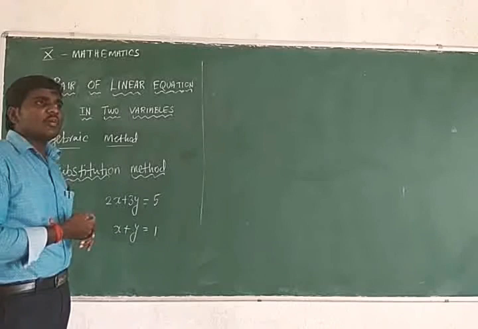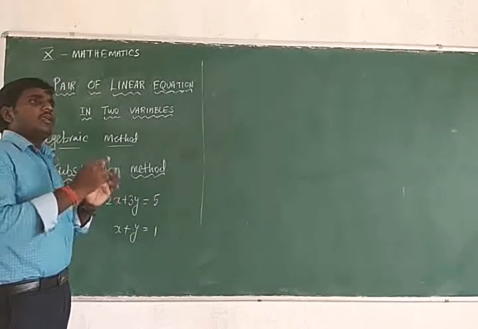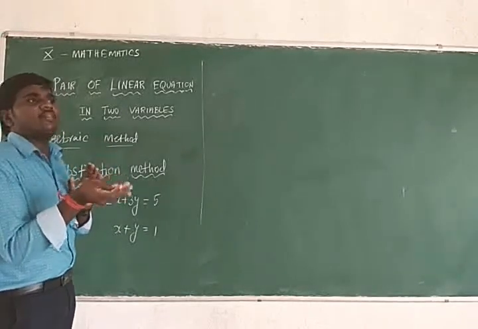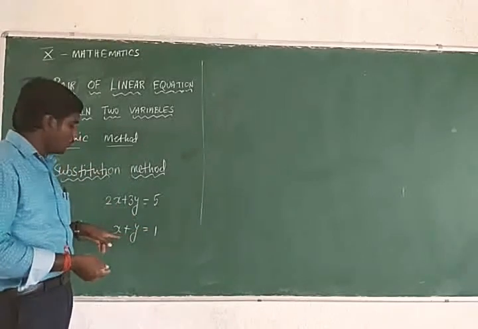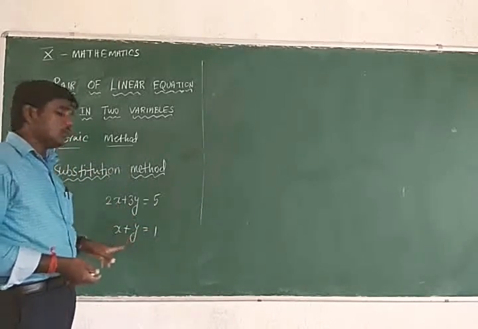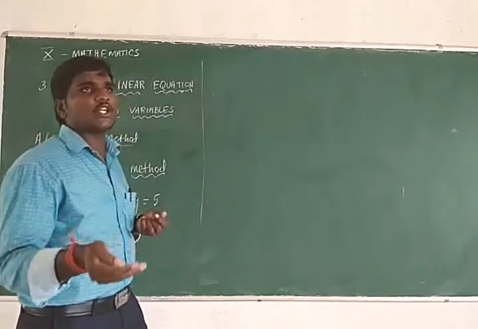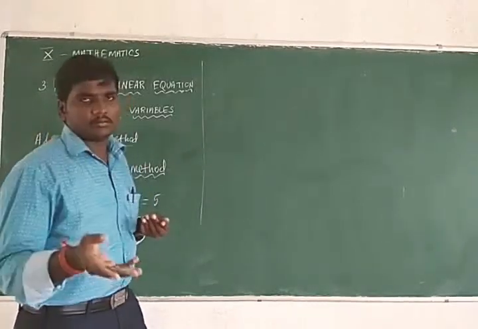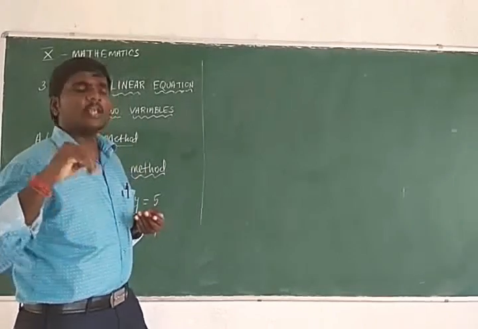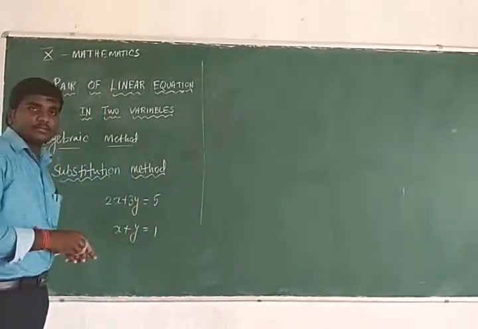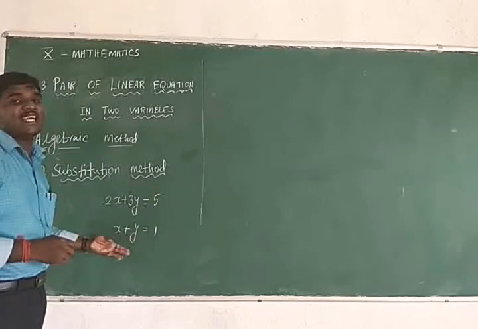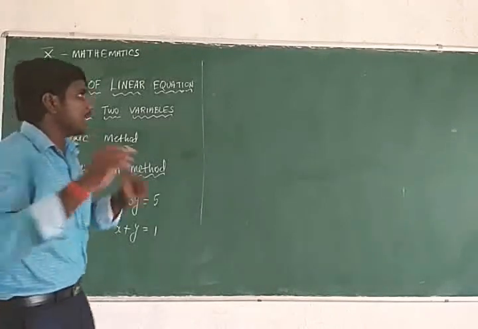While choosing, if any one variable is without a coefficient, here 1, give it first priority. Here the one without coefficient is the second equation, so first take the second equation.